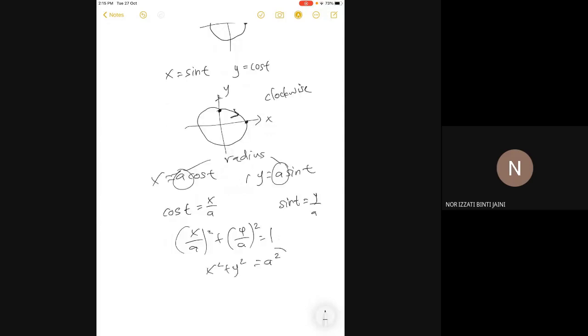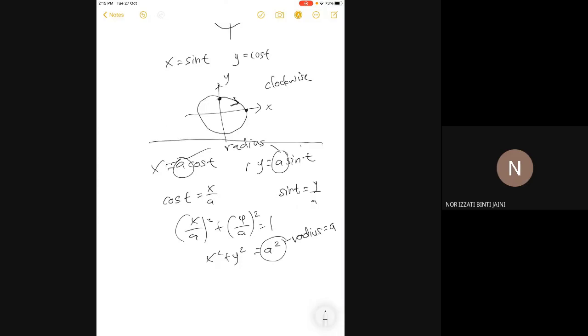So this is your radius. The radius will be equal to a. If you see this pattern, then you already know your a will be the radius.